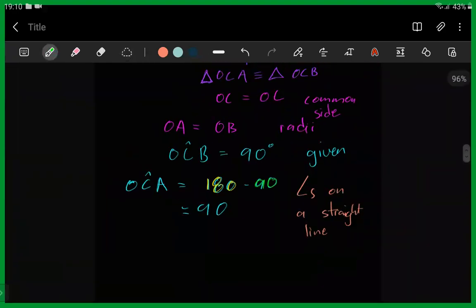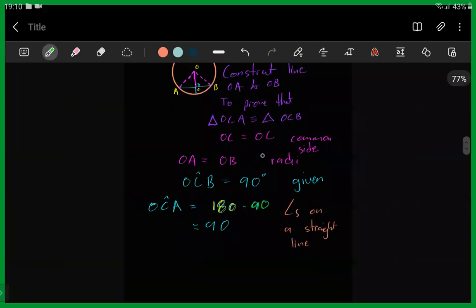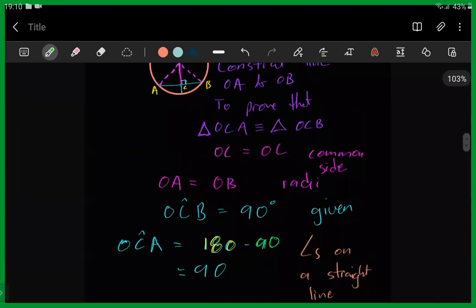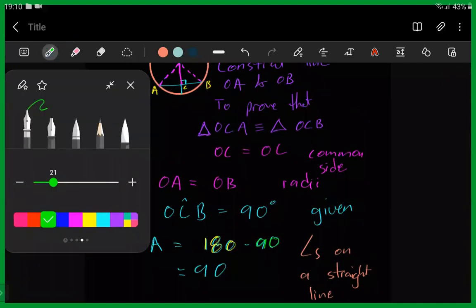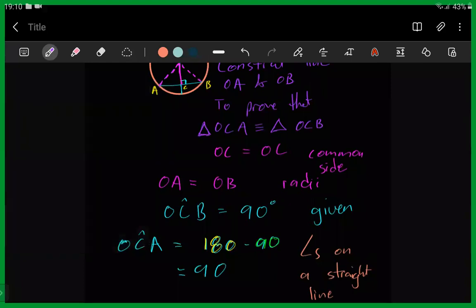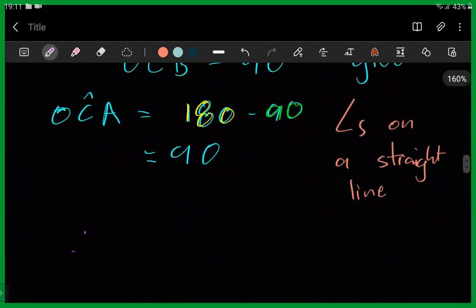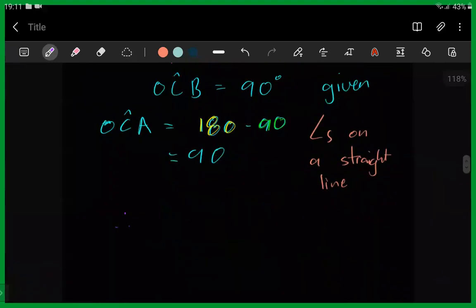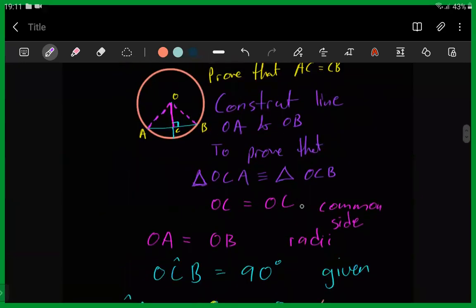So now you can see that we have two sides that are equal and two angles that are equal. So automatically we have three things that are equal, which is two sides and an angle, three sets of information. So now we can say, therefore, triangle OCA is congruent to triangle OCB.